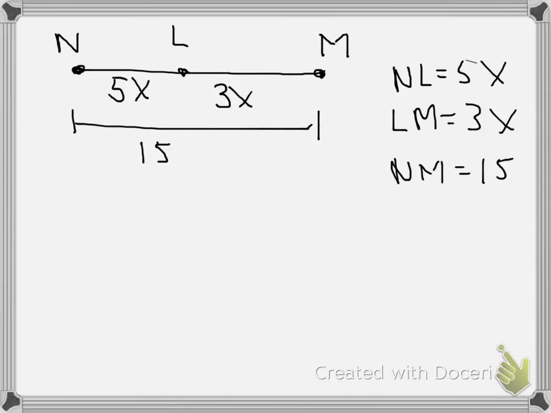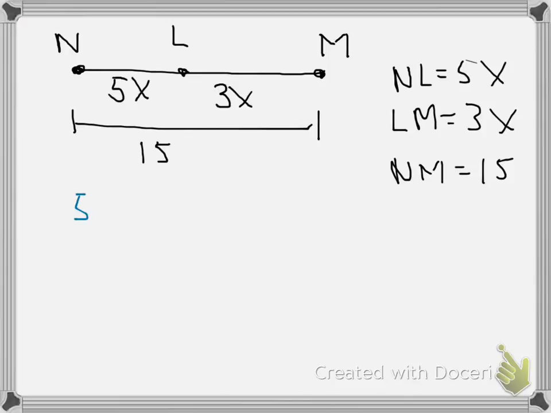Okay, here's another problem. We've got segment NM with a point L between. We have that the length of NL is given as 5x. It's also shown on the diagram as being 5x. The length of LM is 3x, and it's shown on the diagram there. And the length of NM is 15. Okay, again, we're going to use the idea that the two parts add up to the whole thing.